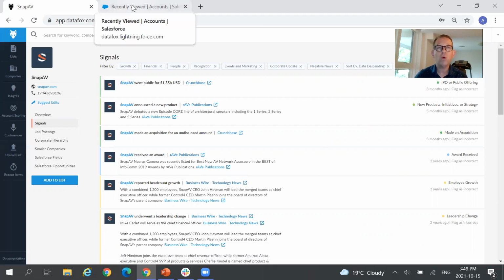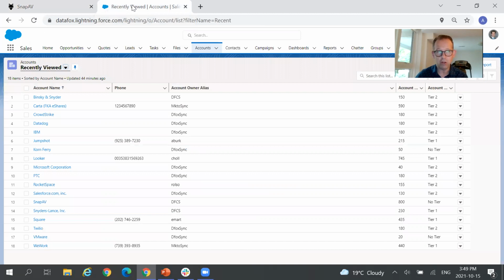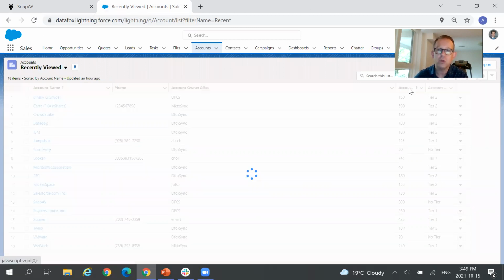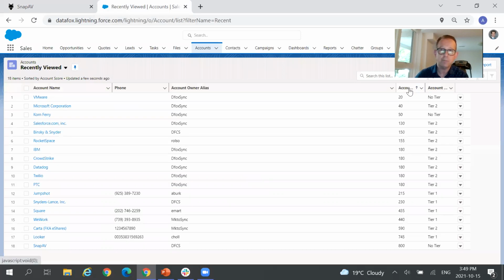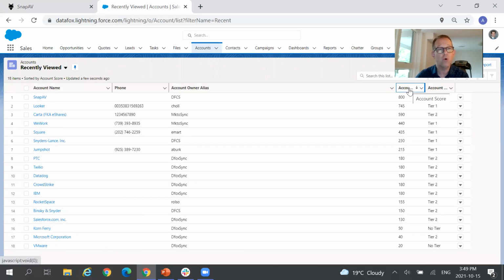Now, I can do all of this in Salesforce.com as well, because our DataFox application is a 5-star Salesforce App Exchange partner. We plug and play with Salesforce out of the box. And so if I switch over to Salesforce in my demo now, I can do the same things in Salesforce. So I can stack rank my territory by account score order.